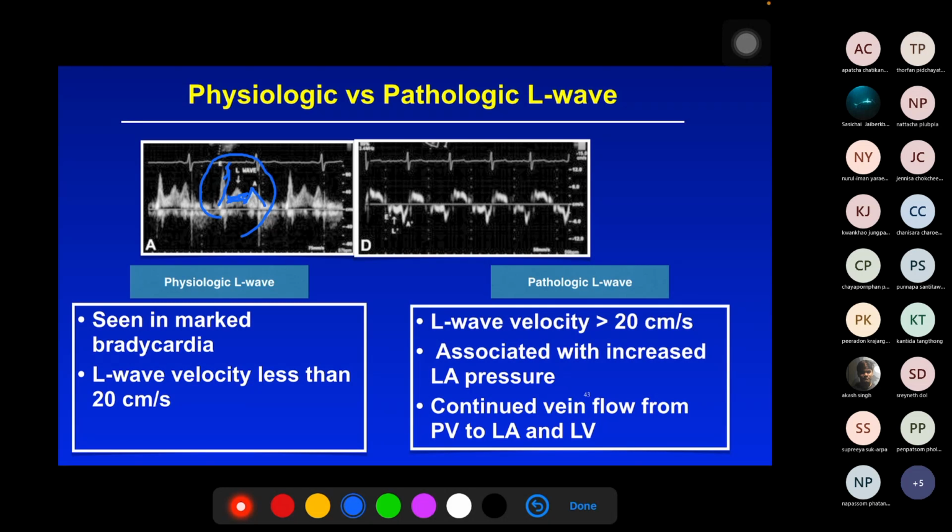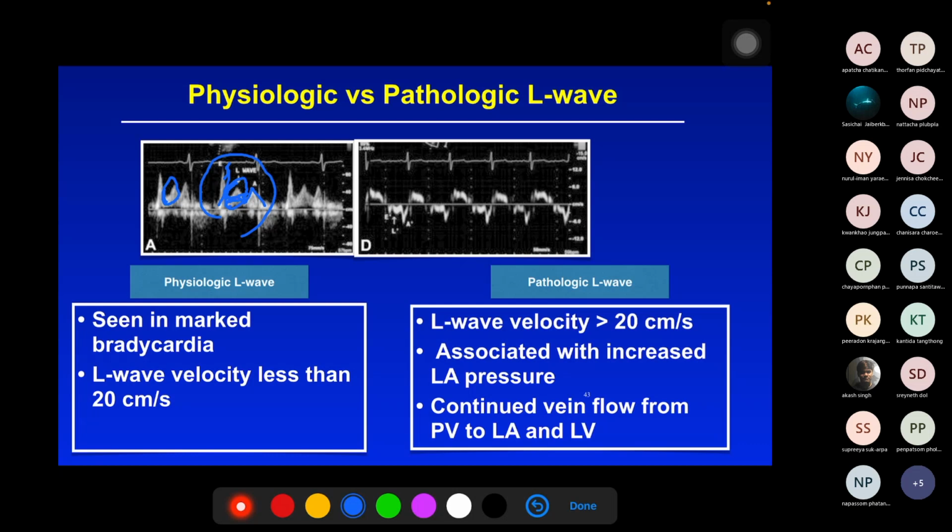If the patient has a prominent third phase, or diastasis, it means the patient has an exaggerated flow during the diastasis phase. That means the LA pressure is very high, so you will see this flow during the third phase, the diastasis. It represents high LA pressure.